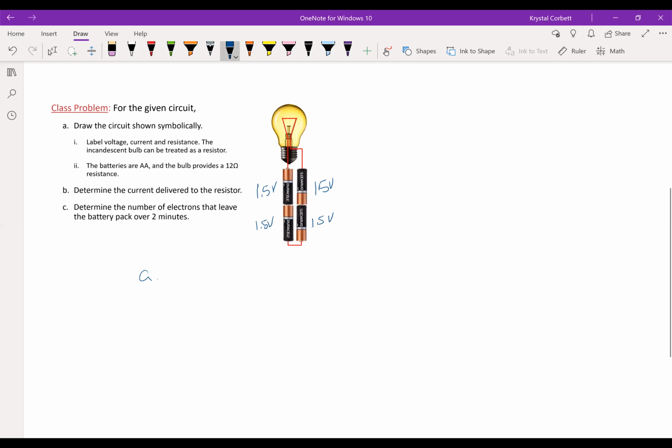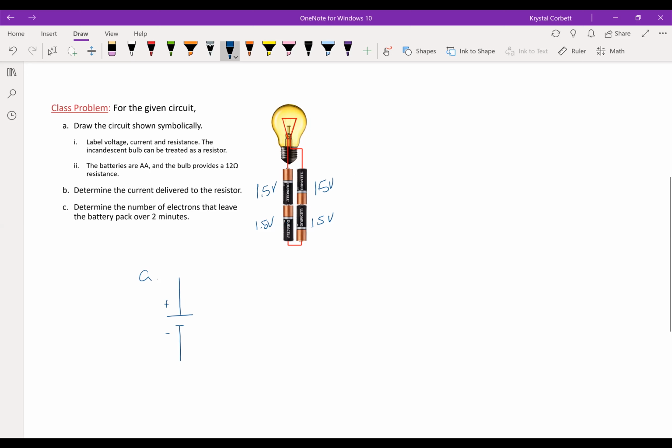You could draw each one individually, each individual voltage source with the plus and minus, draw 4 of them, and put 1.5 volts on each, but that is a little cumbersome. What I would actually recommend you do is just write it as one singular voltage source.